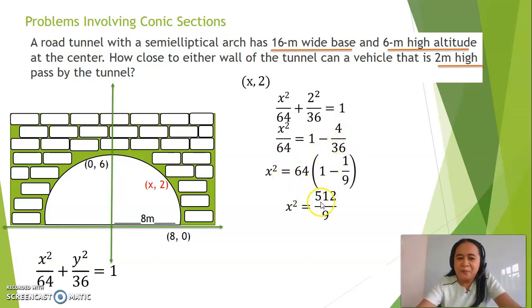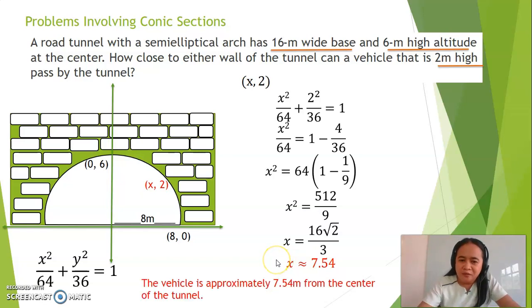So we will end up with this one. Get the square root of both sides. We will end up with 16 square root of 2 over 3, or approximately 7.54. So therefore, the vehicle should be approximately 7.54 meters from the center of the tunnel.